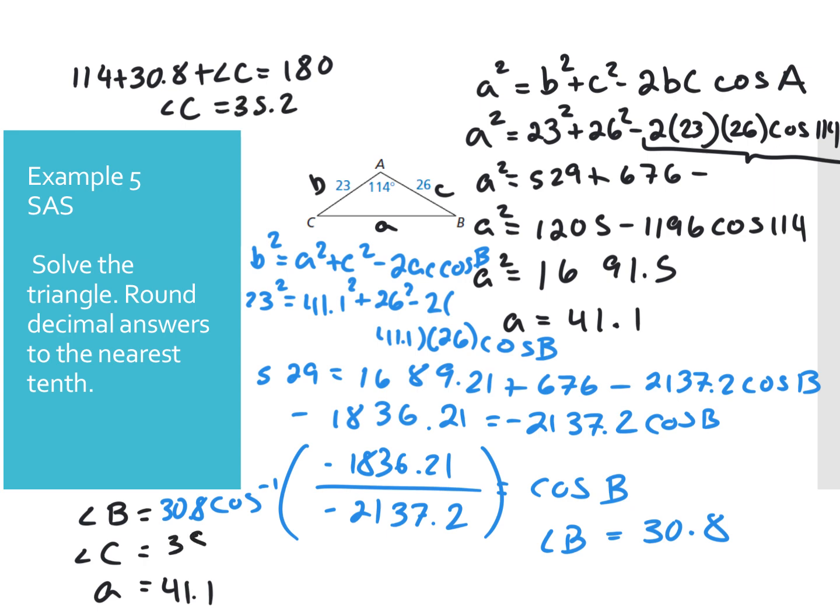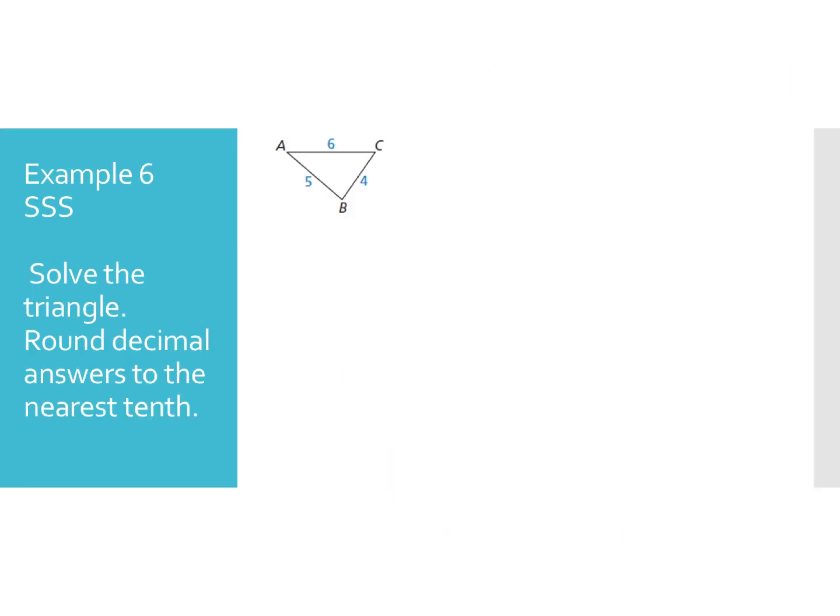Again, you could have done it many different ways. I just did cosine again to make sure that you guys understand it. Here they want us to solve the triangle and round the answer to the nearest tenth. So I'm going to start using the cosine rule because honestly that is the only thing I can use right now. So we're going to do A, B, C. We're going to do A squared equals B squared plus C squared.